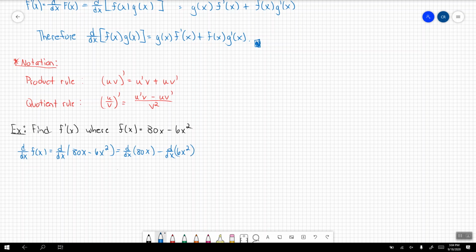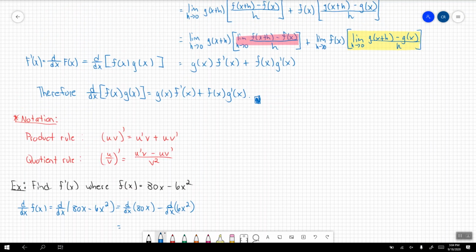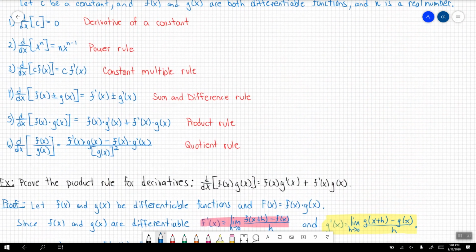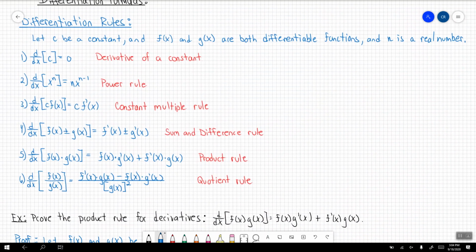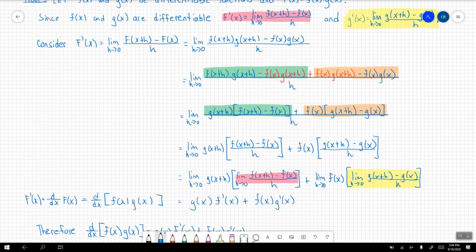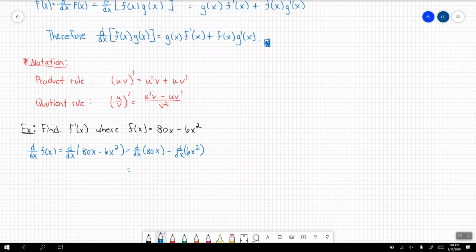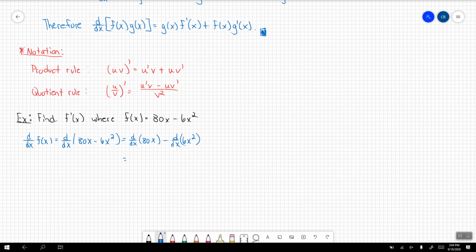Okay, so now we can go through and start using our derivative laws. Look at the first one, 80 multiplied by x. 80 multiplied by x turns into your constant multiple rule, in other words, rule number 3. And using that constant multiple rule here, it's going to say just take the derivative of x. And when we take the derivative of x, we're going to drop the exponent forward.